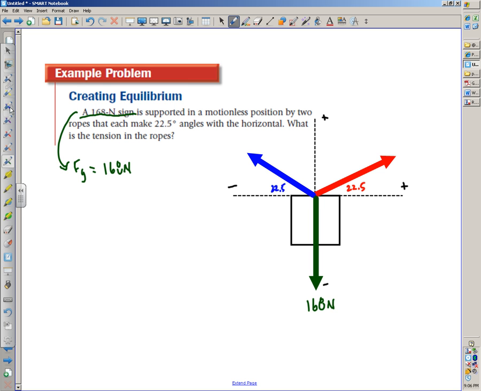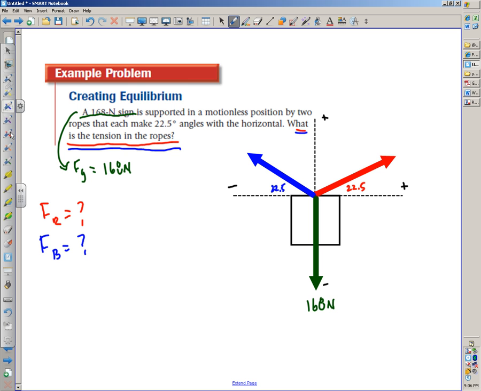Okay, getting back to the problem at hand. It says, what is the tension in these ropes? So, we have a red rope, and we also have a blue rope. So I'm going to call force red rope one of our unknowns, and force blue rope our other unknown.